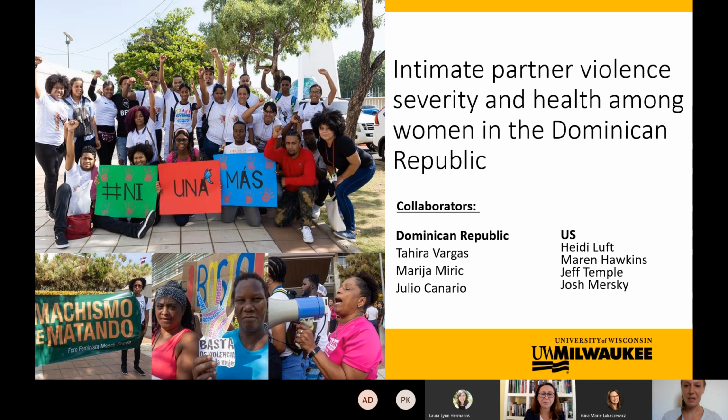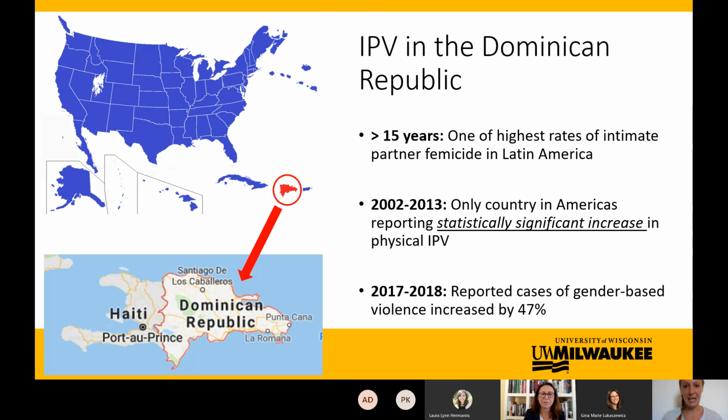So why do we care about the Dominican Republic specifically? Well, for the past 15 years, since we essentially started recording data on intimate partner homicide and femicide, the Dominican Republic has been among the top 3 countries with the highest rates of intimate partner femicide in Latin America. And in a recent study, the Dominican Republic was the only country among all of the Americas, United States included, to report a statistically significant increase in physical intimate partner violence.